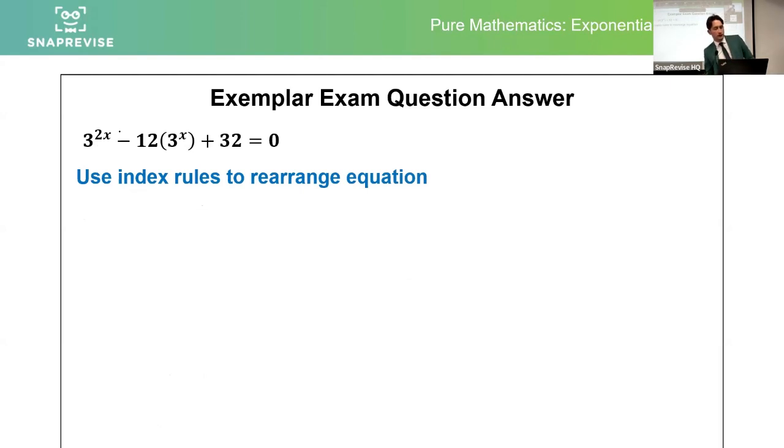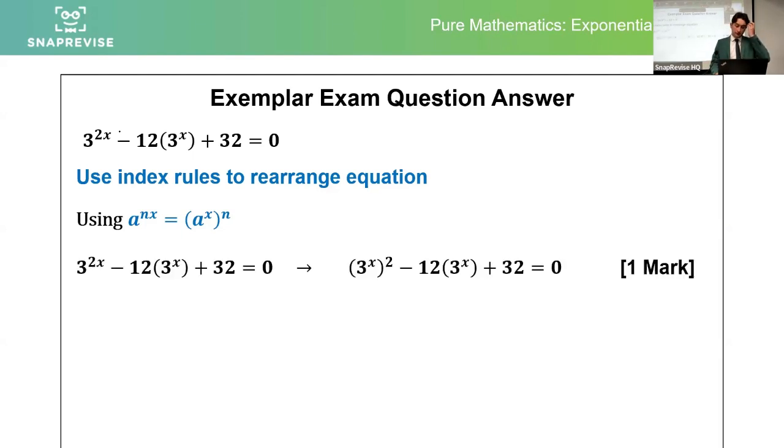So if we notice 3 to the 2x and 3 to the x, they're different things, but they are linked. We know that 3 to the 2x, from the laws of powers, index laws, can be written as 3 to the x all squared. So if we replace that, it looks a bit more like a quadratic now. Hopefully, we've all seen this sort of situation before.